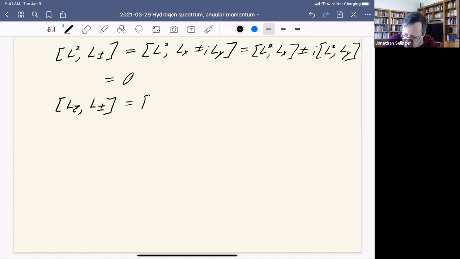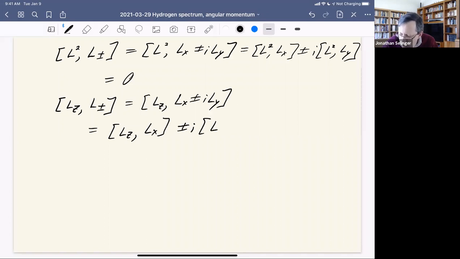So that is Lz commutator with Lx plus or minus I times Lz commutator with Ly.